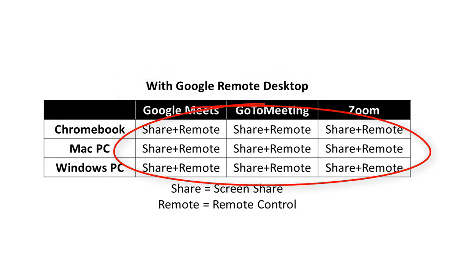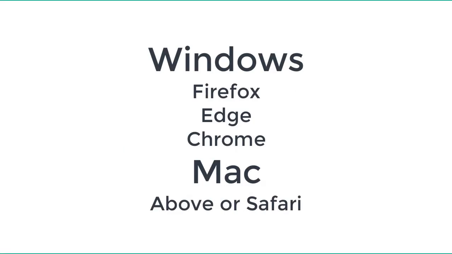So, this video has focused on using Remote Desktop because it provides both features for all these combinations. The main requirement is that computers must have a recent version of Firefox, Edge, or Chrome for Windows, or Safari, or any of the other browsers for Macs.